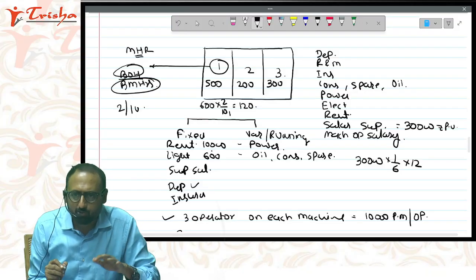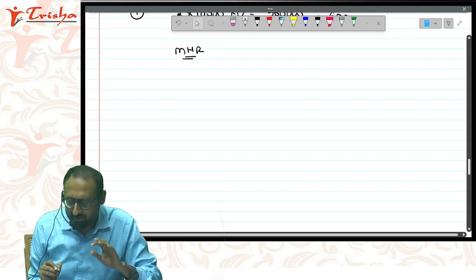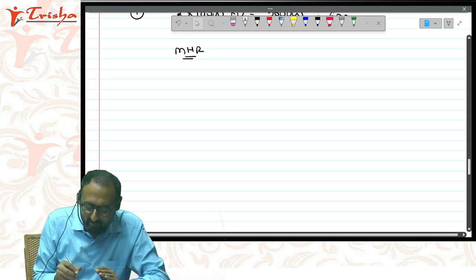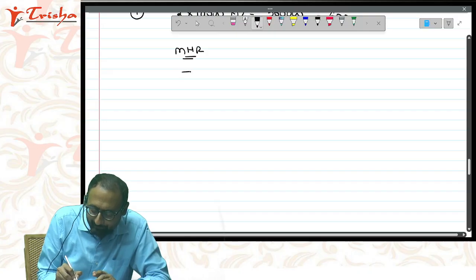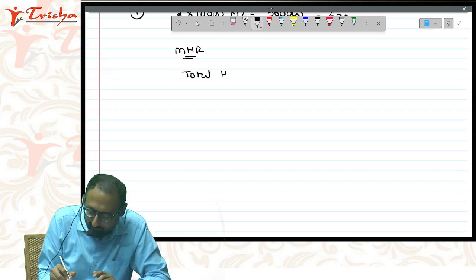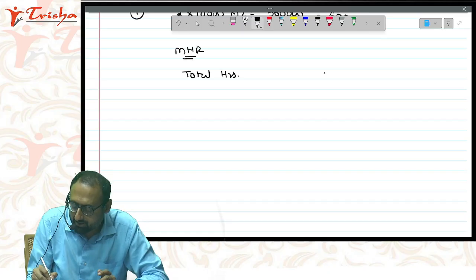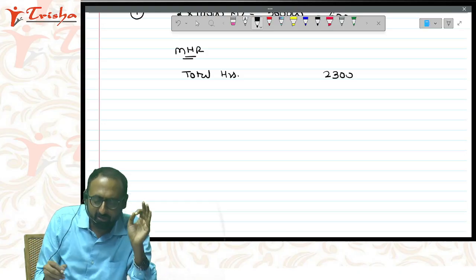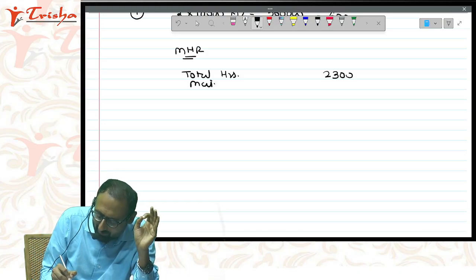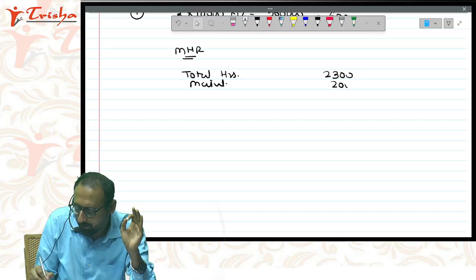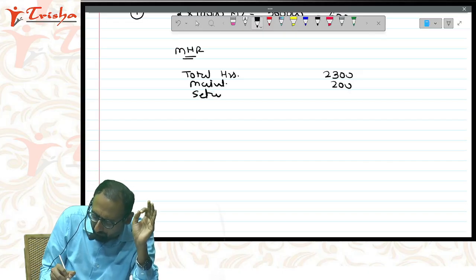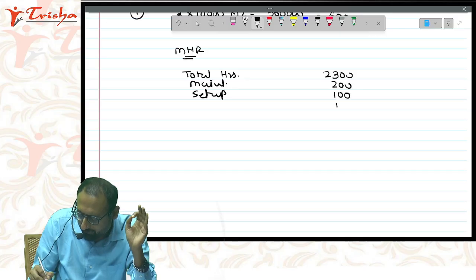Now let's see how to calculate the effective hours. In the question they will give total hours, say 2300. Out of 2300, maintenance hours are 200 and setup hours of the machinery is 100.